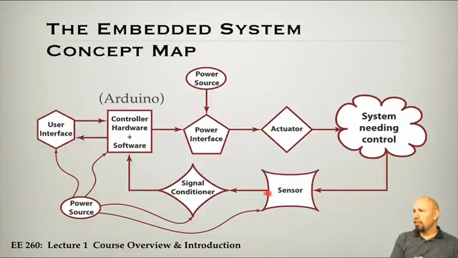There are sensors, a signal conditioner, a couple of power sources, and a user interface with the system. Here is the controller, which is going to be like a microcontroller. There's a power interface and an actuator associated with the system. So basically, here's where the intelligence is. The intelligence is generally put into the system in the form of software.